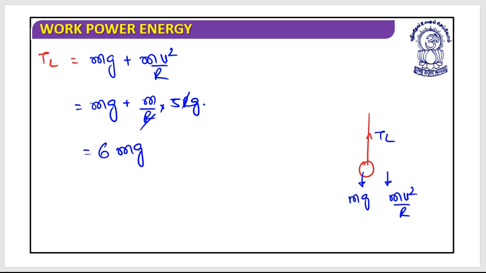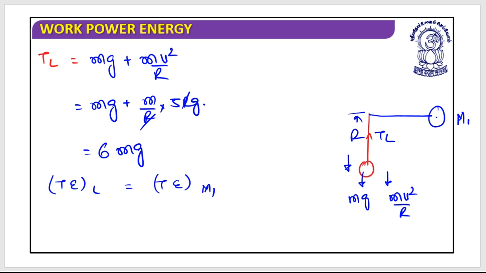Now this is the position m1. So what you need to do is, first you need to calculate the velocity at this position. So total energy at the lowest position is equal to total energy at m1.